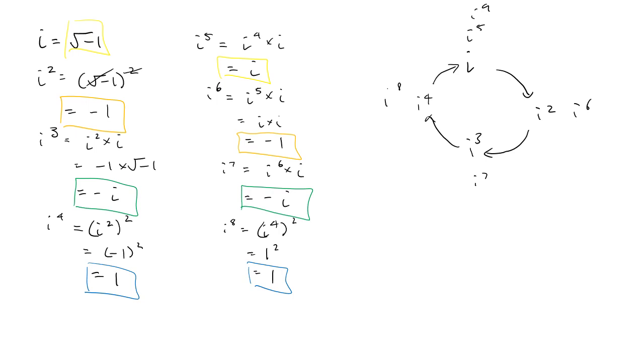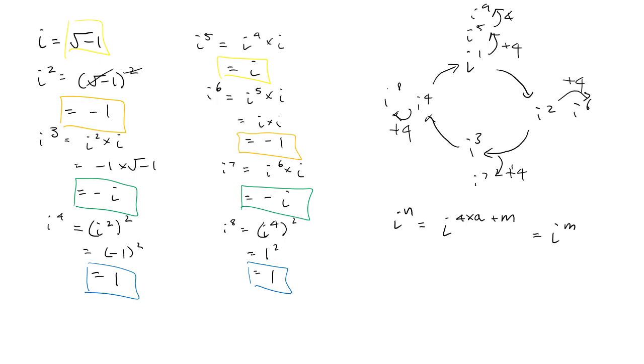Now you can see how the powers are going up by 4s. That's plus 4 and that's plus 4. That's also plus 4. That's also plus 4. And that is also plus 4. So looking at this pattern, we know that i to the power of n is equal to i to the 4 times a plus m, and that is equal to i to the m.